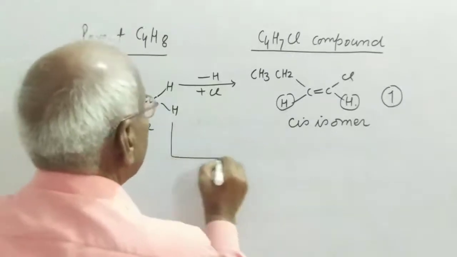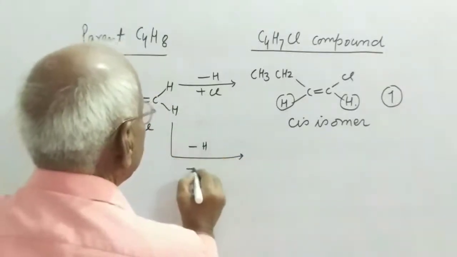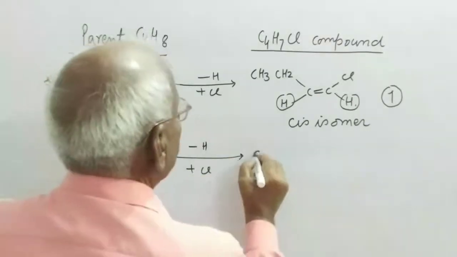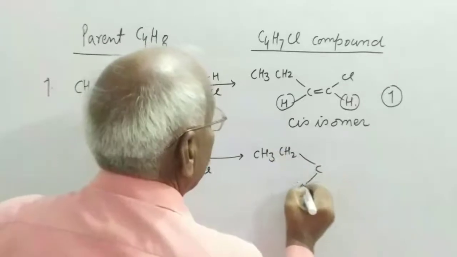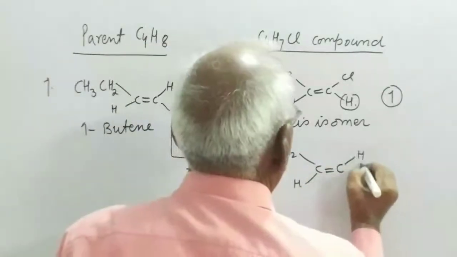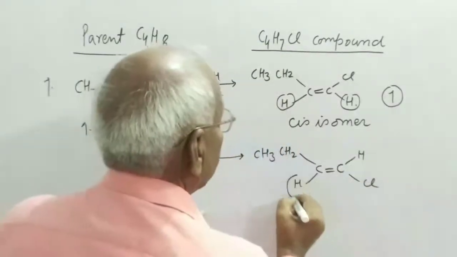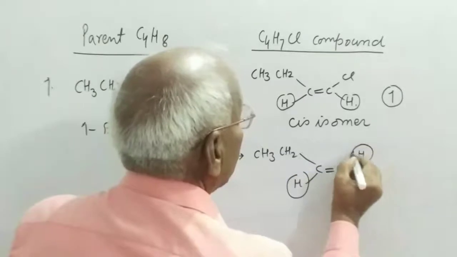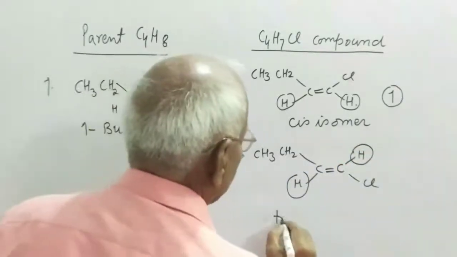The second time, this hydrogen is replaced by Cl. In this case we find this structure. This is the trans isomer, because both hydrogens are on opposite sides.